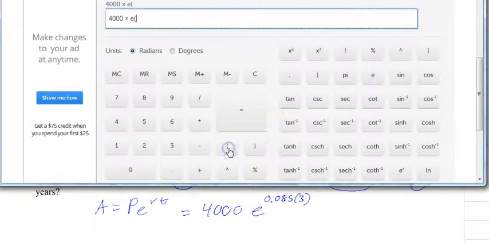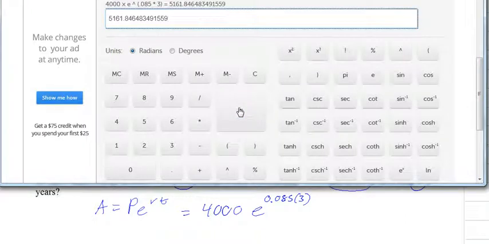And in parentheses for your exponents, 0.085 times 3. Close the parenthesis, and there it is. So it's 4,000 e to the 0.085 times 3. It did not put the caret in there. I don't know why. There we go. So it's 4,000 times e to the 0.085 times 3. Hit enter, and there it is.